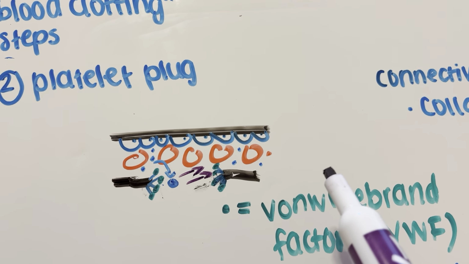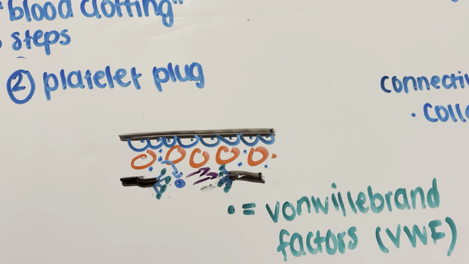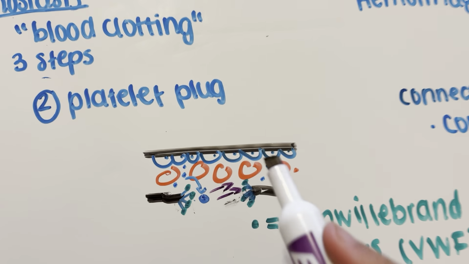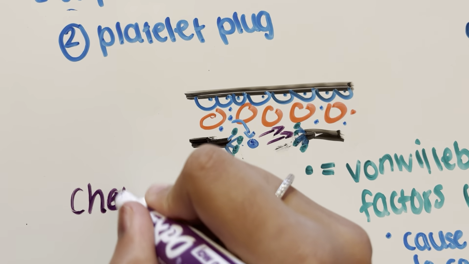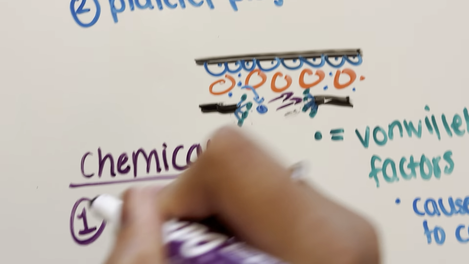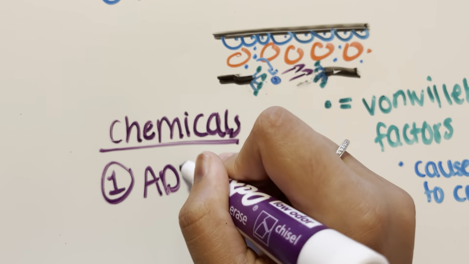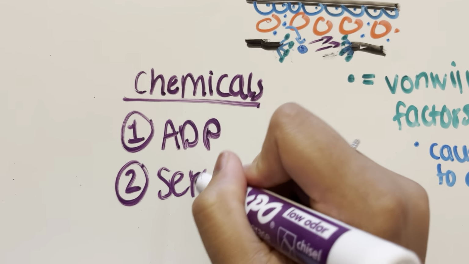Say, hey, we need a platelet party. We need to fill this wound right here. So these are 3 important chemicals you'll have to know. The first chemical is ADP. The second chemical is serotonin.